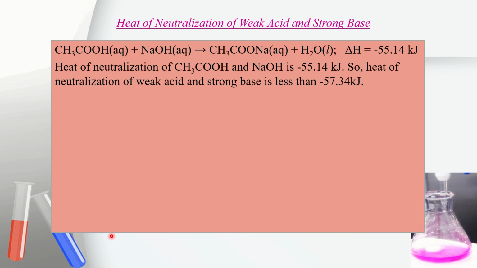Now we will talk about the heat of neutralization of weak acid and strong base. We saw that the heat of neutralization of strong acid and strong base has a constant value, but the heat of neutralization of weak acid and strong base, like this acetic acid, a weak acid, and sodium hydroxide, a strong base, is minus 55.14 kilojoule, which is less than minus 57.34 kilojoule.